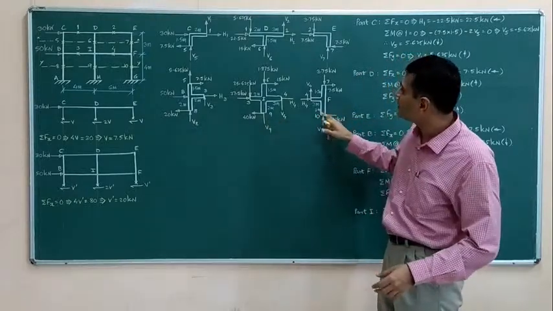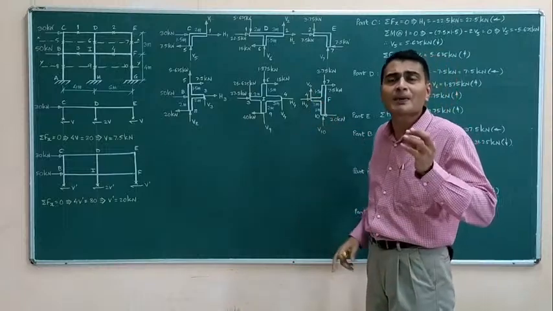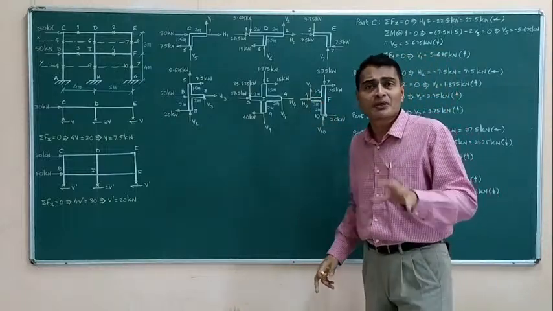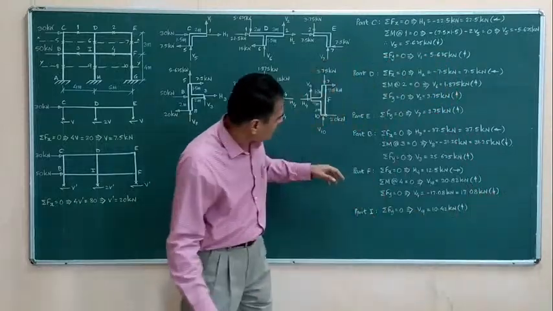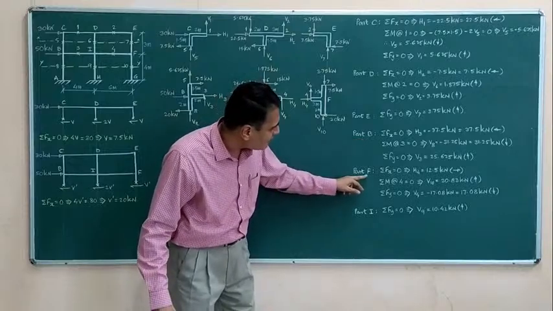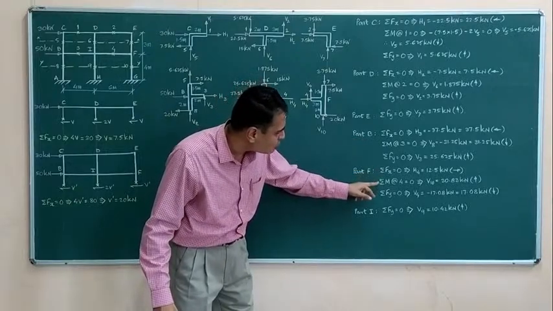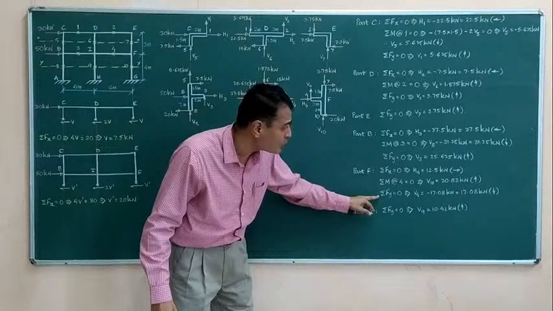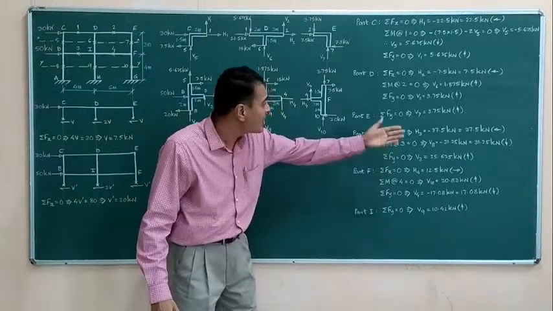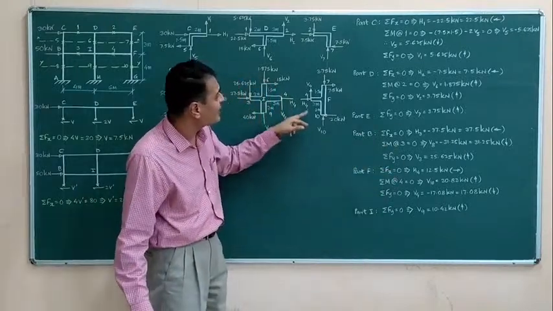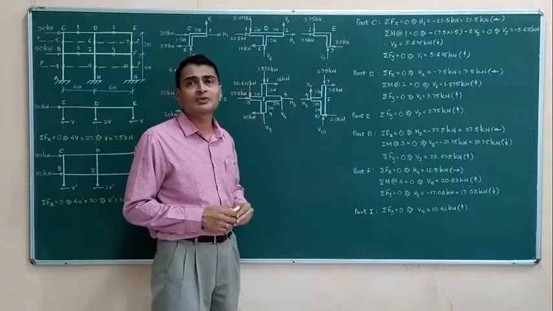And here you are getting 3 unknowns in 3 equations, but a comparatively simpler system. So after B, you write for part F, sigma Fx equal to 0, sigma M about 4 equal to 0, sigma Fy equal to 0. I get my answers for V10, H4 and V4.